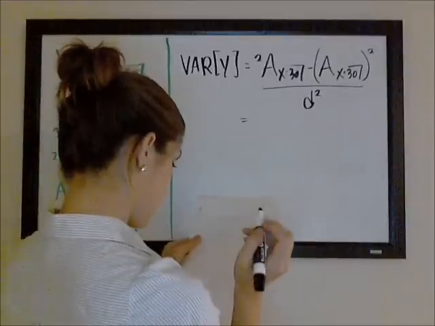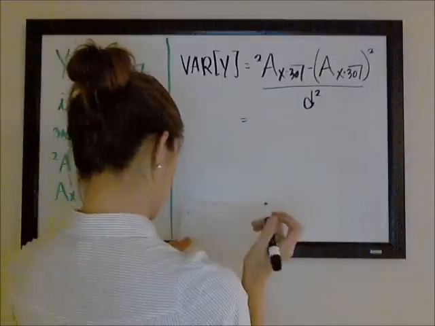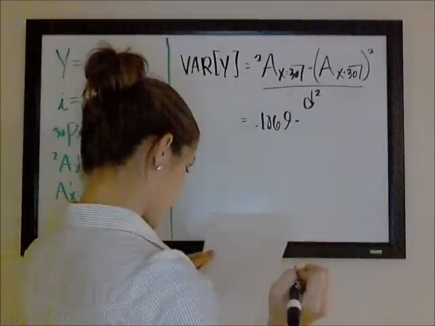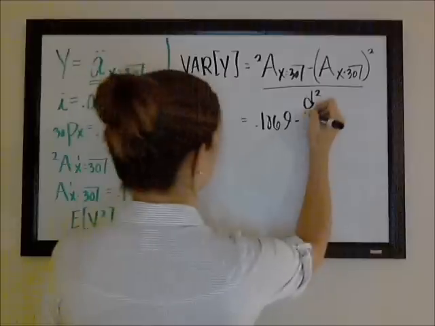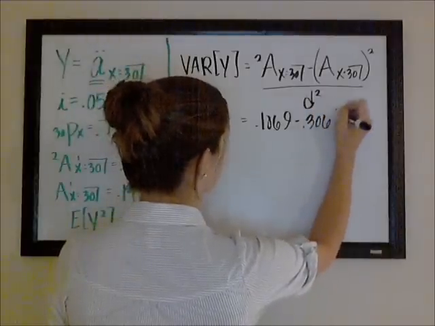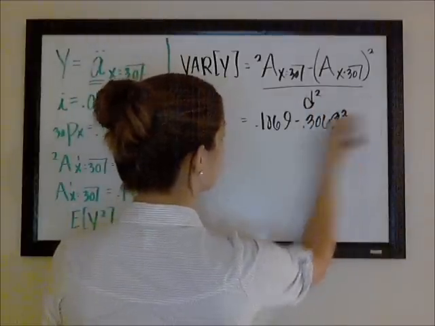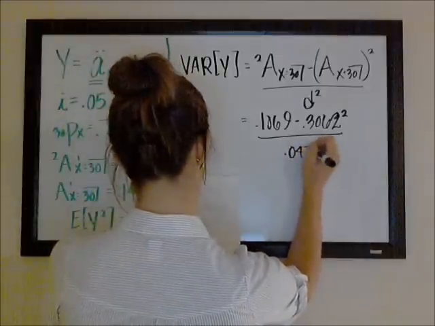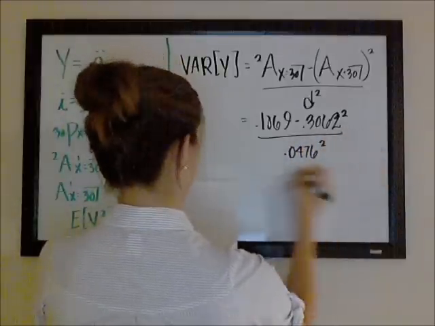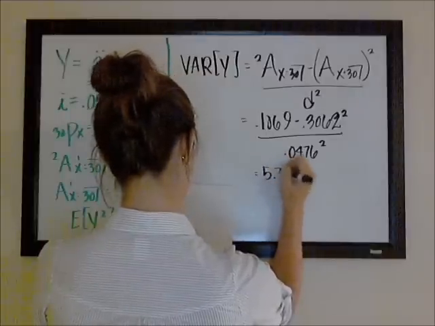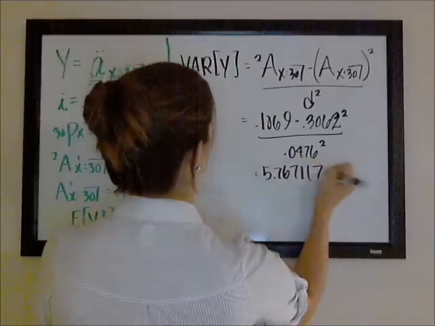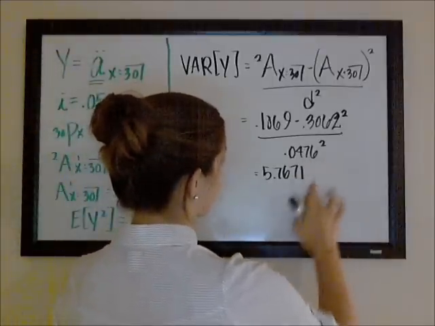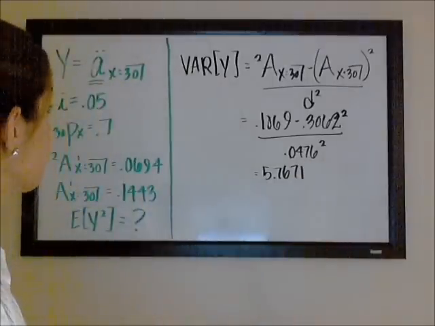So we said that the second moment was 0.1069, and that the actuarial present value was 0.3062, squared, over d squared, 0.0476 squared, and I got 5.767117, although I'll stick to 4 decimal places.